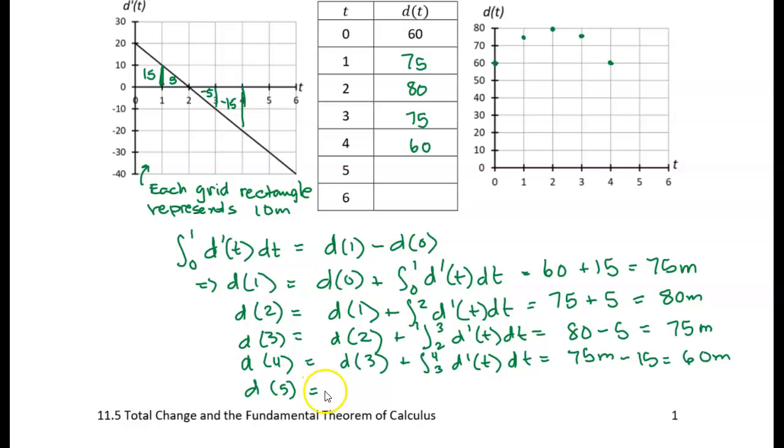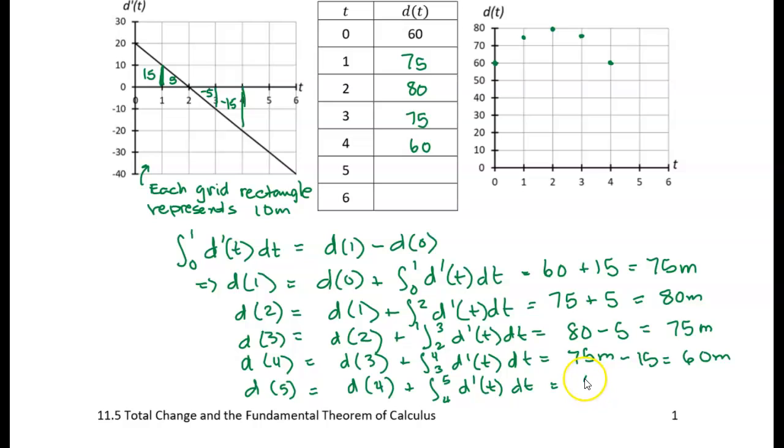All right, so feel free to pause the video if you're getting tired of seeing the same calculations again, but you can do this on your own. And I'm going to integrate from 4 to 5 now and add it to my displacement at 4. So I'm going to integrate the velocity curve.